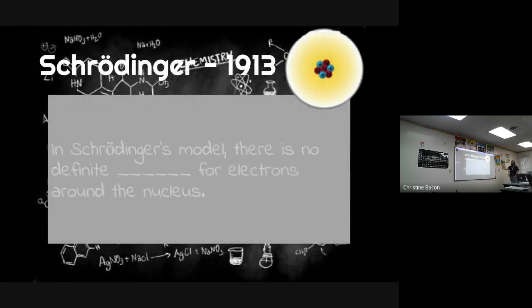Okay, so Schrödinger. This is kind of a picture of what his looks like, where all the electrons are just moving however they want out here. You still have the nucleus, right? This is actually inaccurate because neutrons hadn't been discovered at that time, because James Chadwick discovered them later on. Anyway, in Schrödinger's model, there is no definite position for electrons around the nucleus.